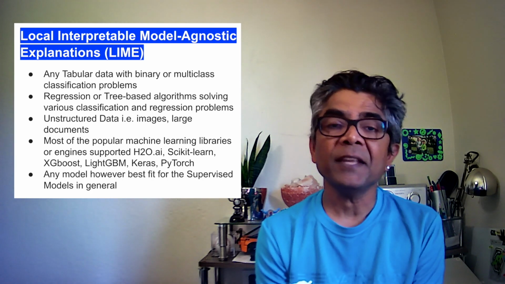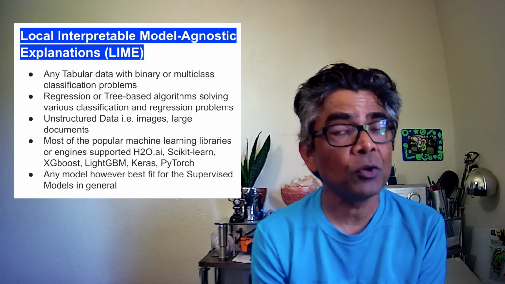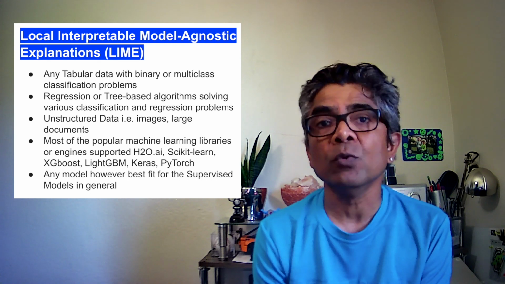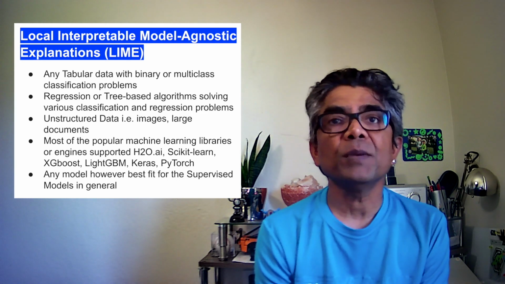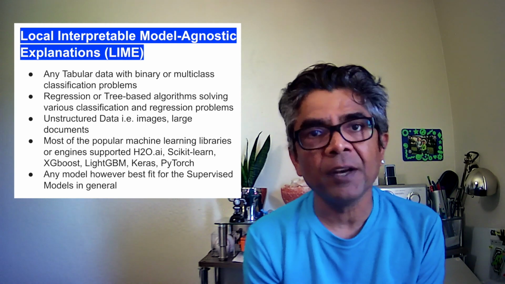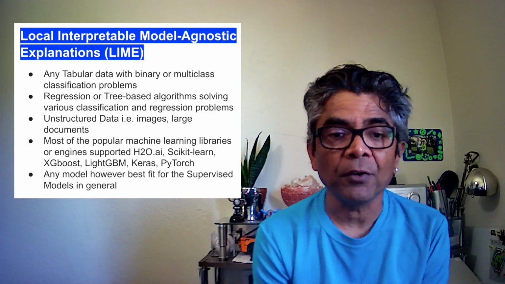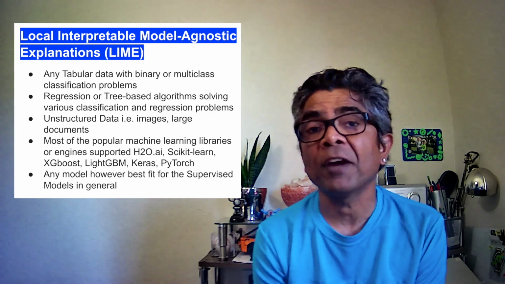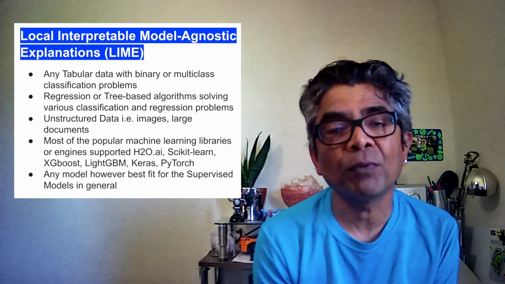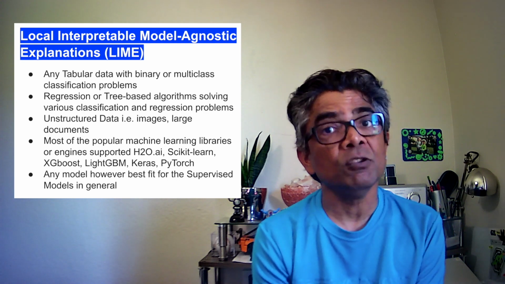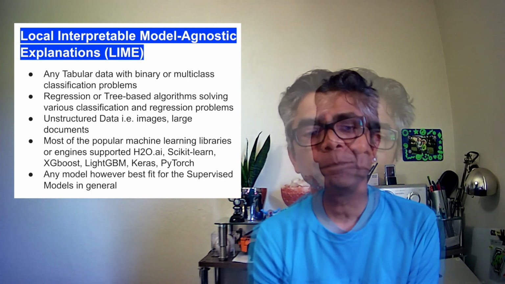If your data is unstructured, such as images, large documents, even audio files, you can use LIME explanations with them as well. Most of the popular machine learning libraries or engines such as H2O.ai, Scikit-learn, XGBoost, LightGBM, Keras, PyTorch, and many others, the models generated by these frameworks can also be used with LIME to generate prediction explanations.